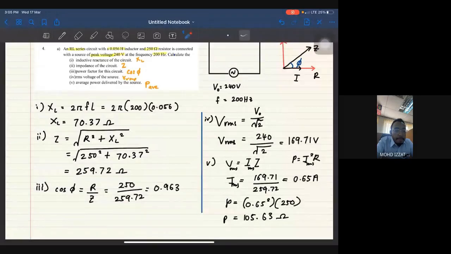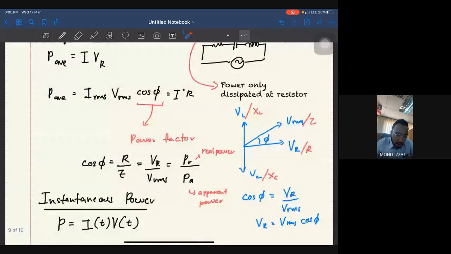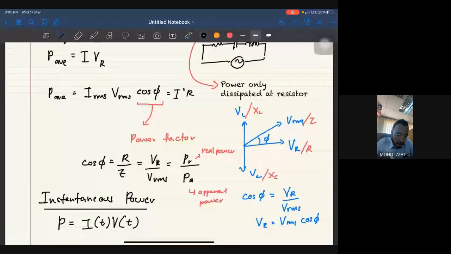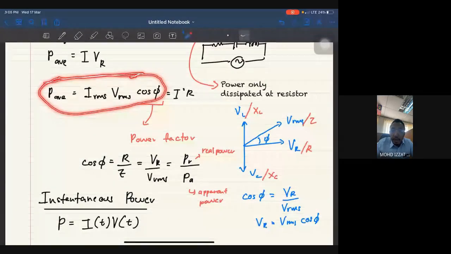Wrong. Okay, before I close this one, I want to go back to the average power earlier. When I want to show about this one. Okay, so if you notice over here, P average equals I RMS V RMS cos phi. I said earlier that at resonance there is an effect on P average. Where the effect is actually inside here, inside the cos phi.